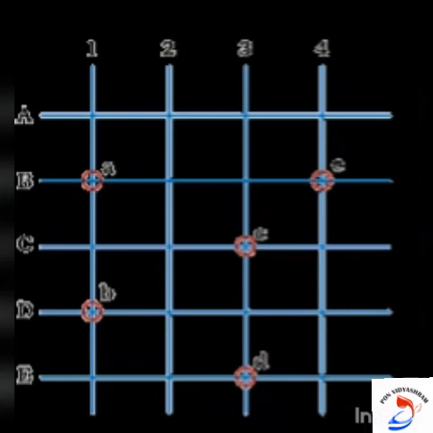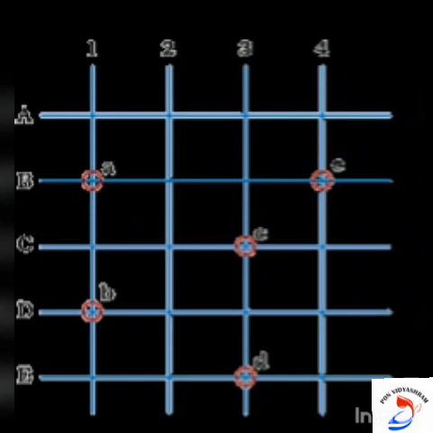Draw some small circles randomly on points where these horizontal and vertical lines intersect each other. Now name these small circles as A, B, C, etc. Let vertical lines represent east longitude and horizontal lines north latitudes.